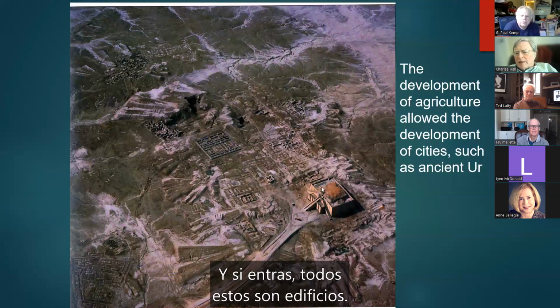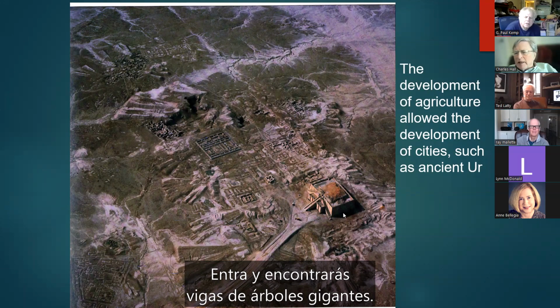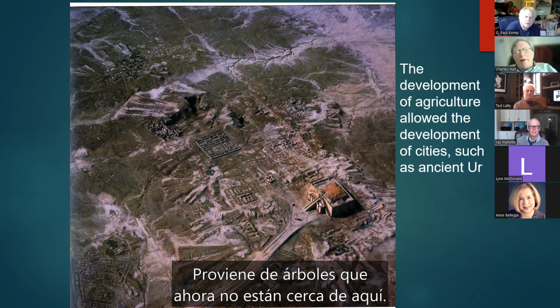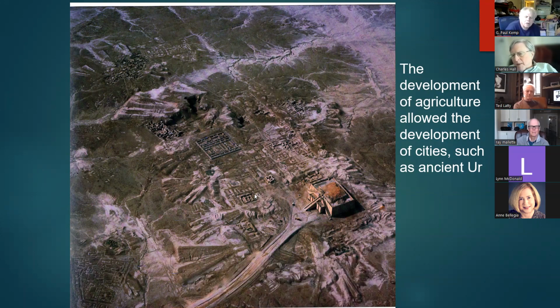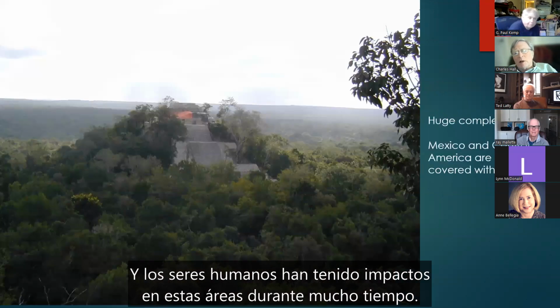And if you go inside these old buildings, it's called a ziggurat, you find gigantic tree timbers that came from trees that are now nowhere near here. This is what used to be a forested area. And humans have had impacts on these areas for long, long times.